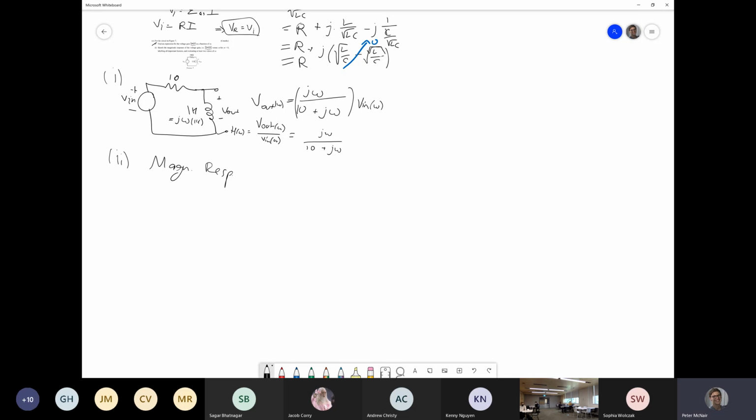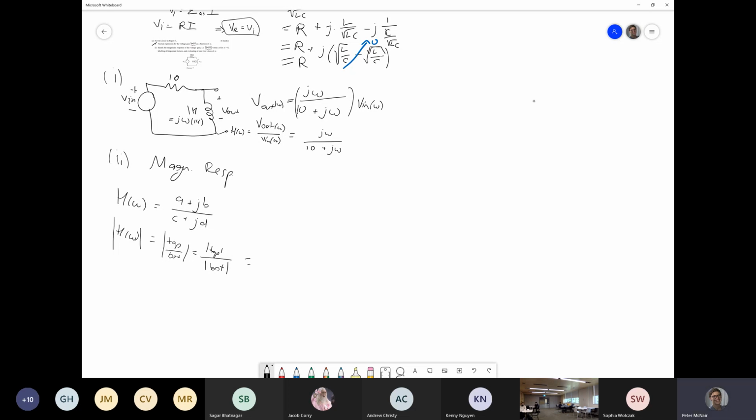Let's imagine H in its general form is like A plus jB on C plus jD. Then if we want the magnitude of H, we have a nice formula where the magnitude of the top on the bottom equals the magnitude of the top taken by itself divided by the magnitude of the bottom taken by itself.